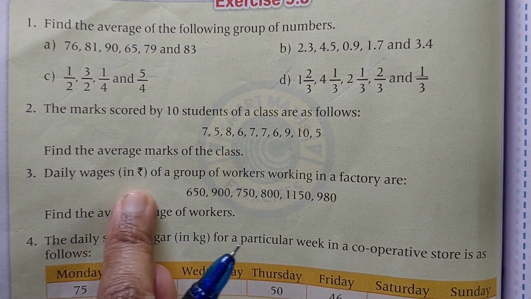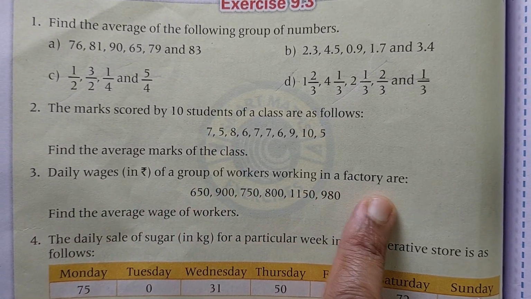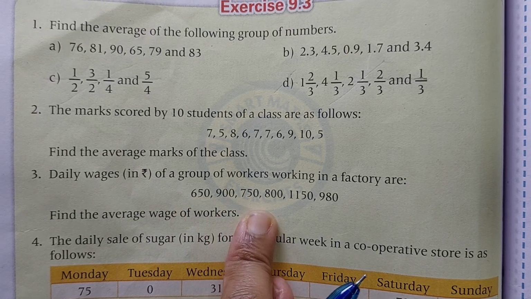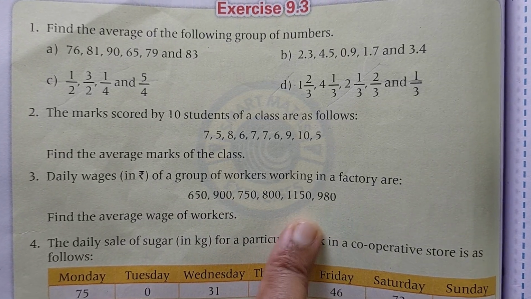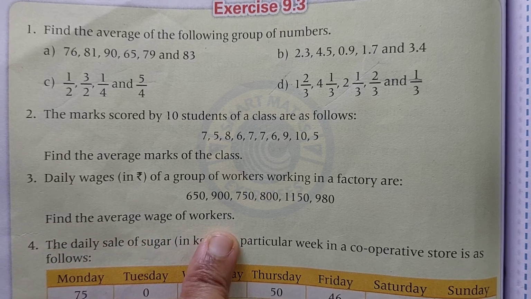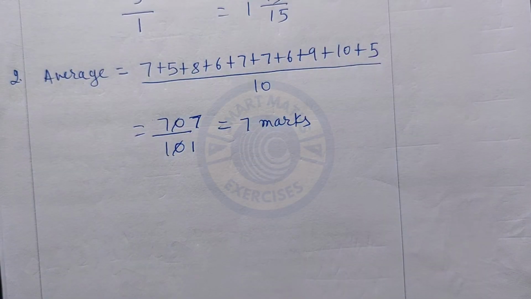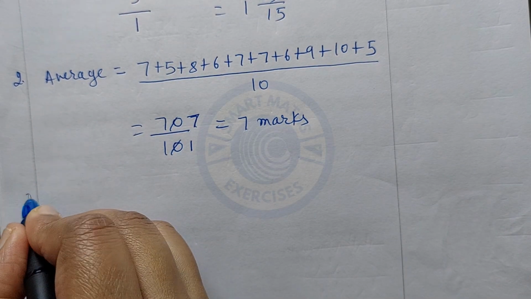Daily wages in rupees of a group of workers working in a factory are 650, 900, 750, 800, 1150, 980. Find the average wage of workers. We have to find the average here.